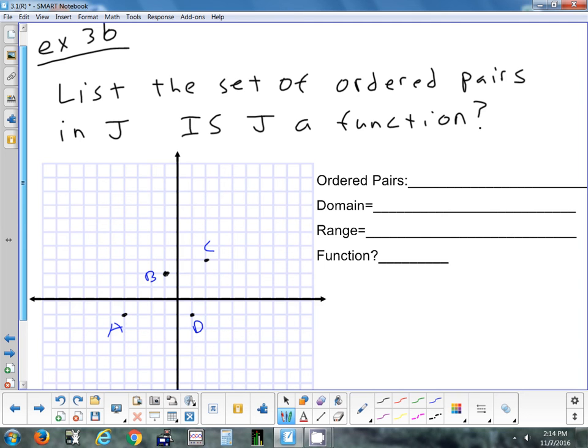Marissa? -4, -1. Perfect. How about the coordinates for point B? -1, 2. Good. How about the coordinates for point C?